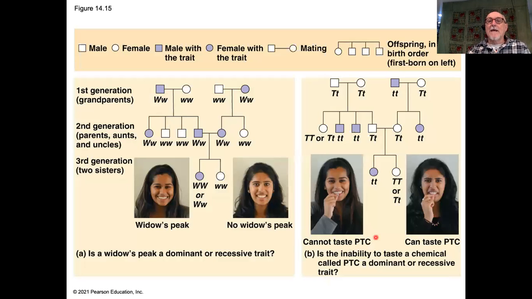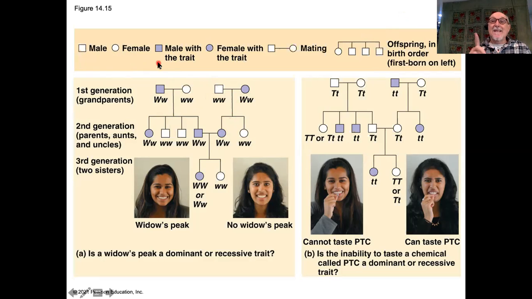So, for example, let's have a look here. These are just simple things. If we were doing a genetics lab, we would do some of these. These are pedigrees here, and they show parents married with children. So here's how it works. Squares here are male. The circles are female.